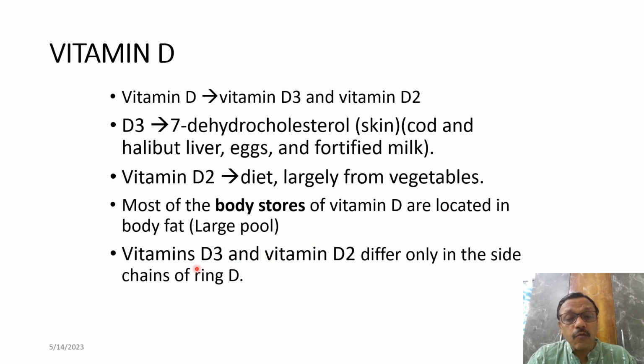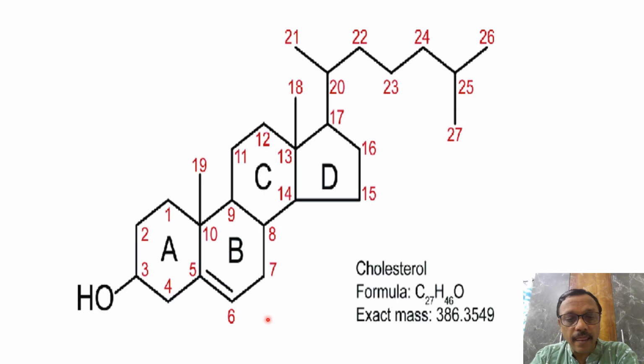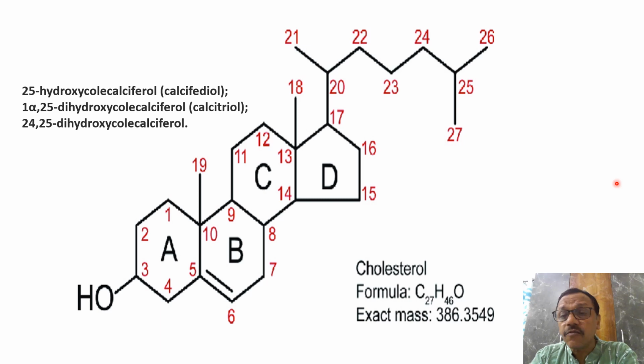Now, what is the difference between vitamin D3 and vitamin D2? If you see the molecule, they differ only in the side chain of ring D. Now whether it is vitamin D2 or D3, it is synthesized from the cholesterol molecule.